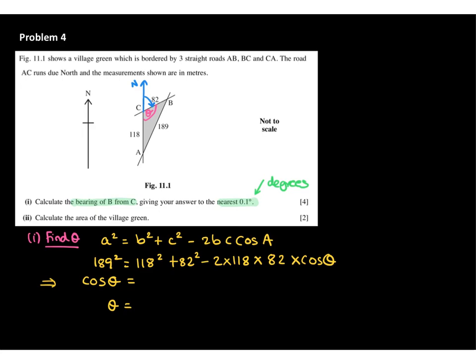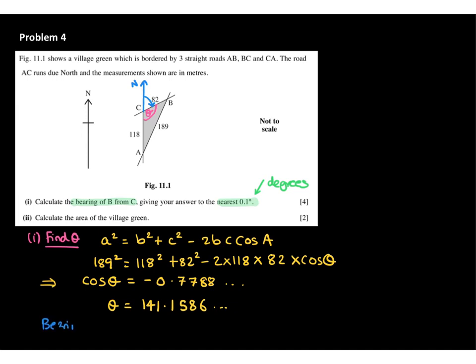So you should find that cos theta, if you've done it correctly, is negative 0.7788... And then this is a real check here. Using the inverse cosine button on your calculator in degrees, you should get 141.1586... And I'm not going to round that yet because we're being asked to work out the bearing.